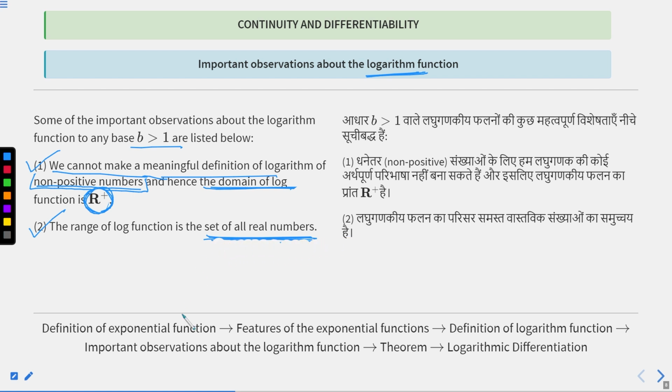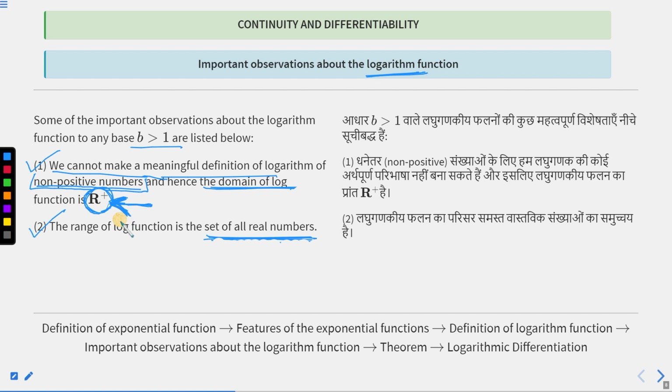So what is happening is that the domain of the exponent function is the range of the logarithmic function, and the range of the exponent function is the domain of log. If you try to observe that, you will find the reverse thing is happening.